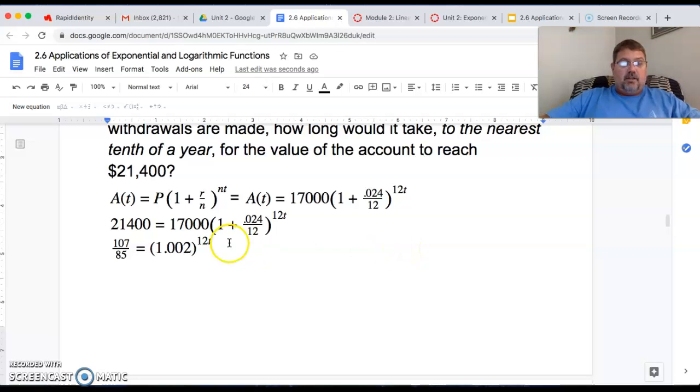Next step, you're going to take the log of both sides. I'm using log base 10, and you're going to get something like this.